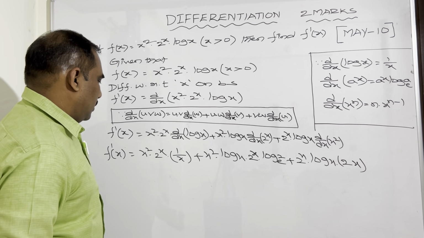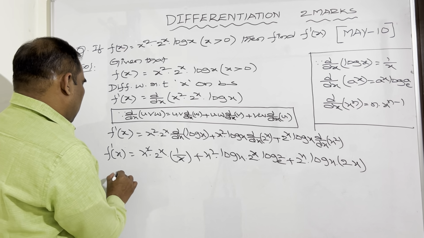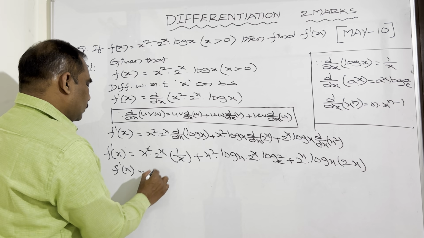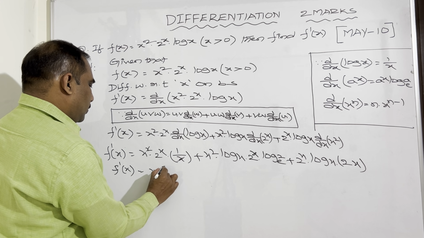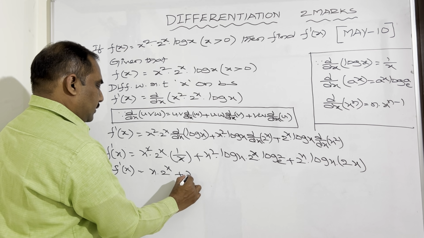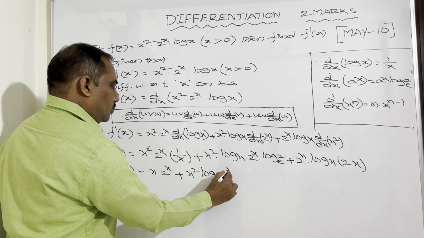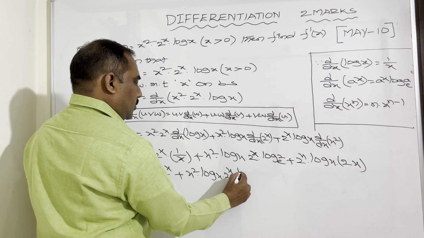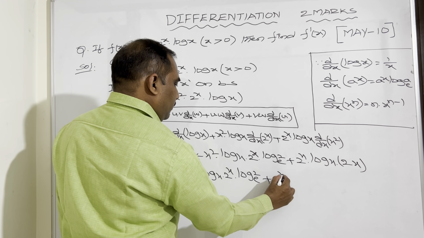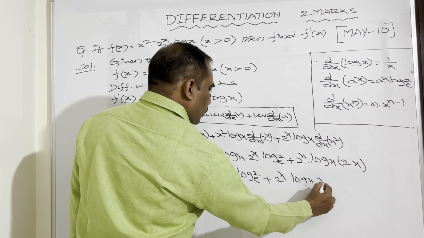Observe here, now in the numerator and denominator, x gets cancelled. We have f'(x) is equal to x·2ˣ, plus x²·log x·2ˣ·log 2 base e, plus 2ˣ·log x·2x.